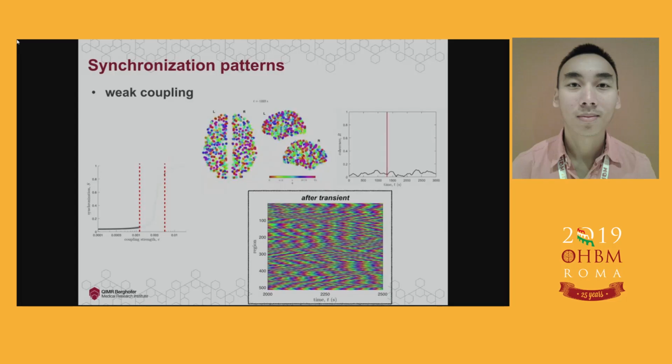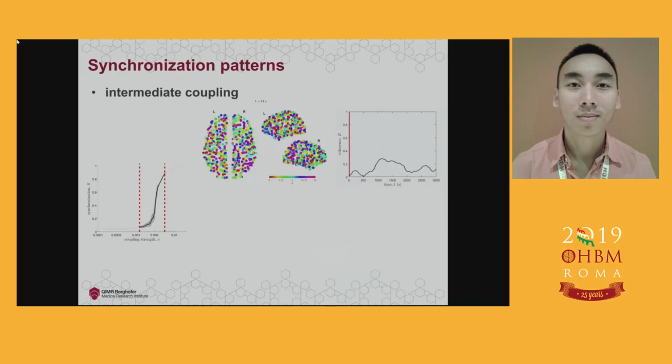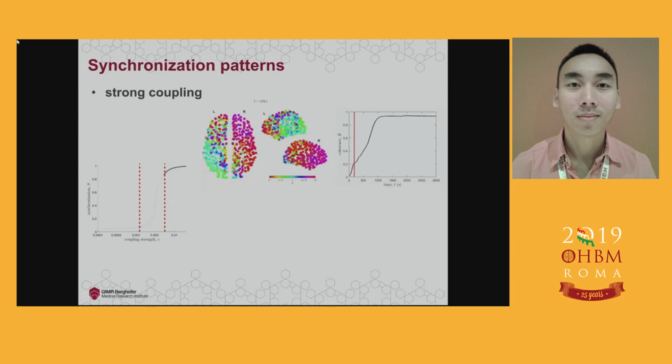If you move to the intermediate region, you see these local patterns of integration, and a little bit of those brain waves that I showed a while ago. And if you move further, you would expect that if brain regions are really strongly connected, eventually it will synchronize through time.